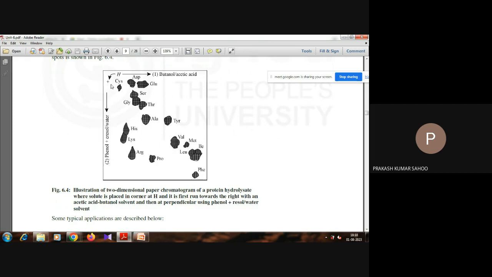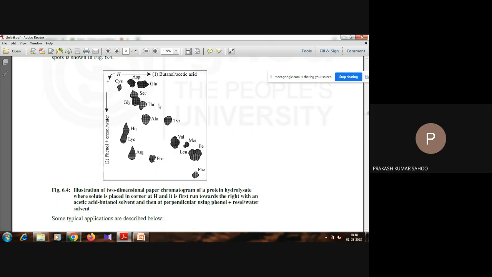This plus is the sample, and first the solvent used is butanol acetic acid. With the sample at this corner of the paper, we have amino acids like cysteine, aspartic acid, glutamic acid, serine. These components are separated.